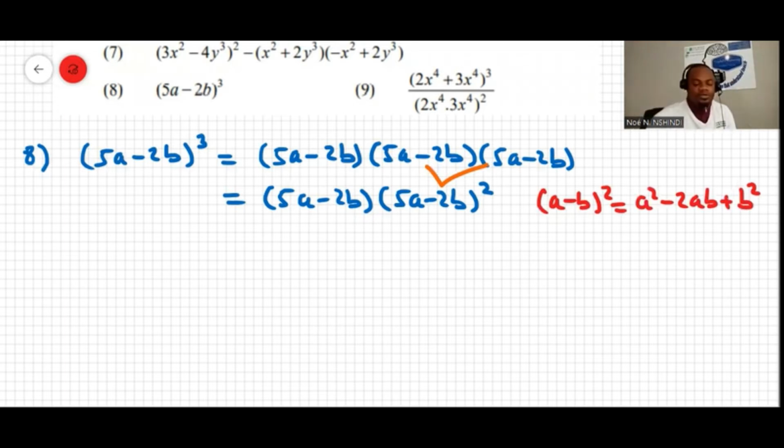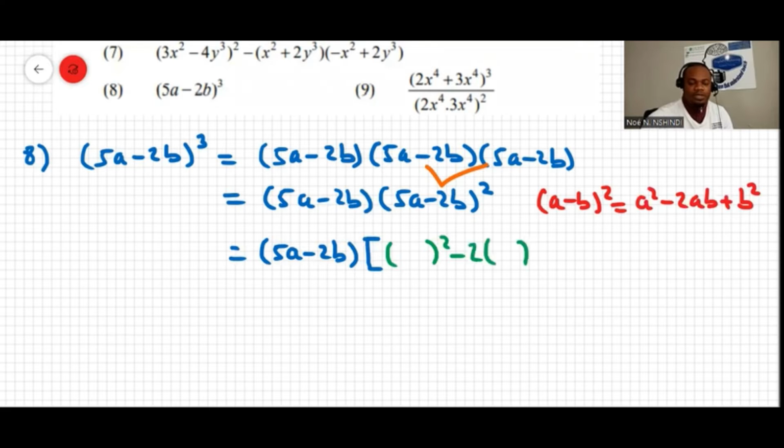And then we're going to multiply with 5a minus 2b. Times, I use square brackets here, a squared minus 2ab plus b squared.